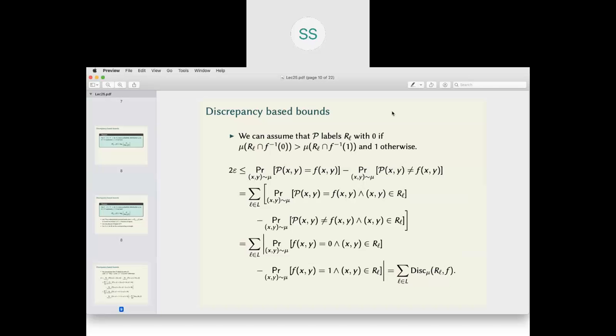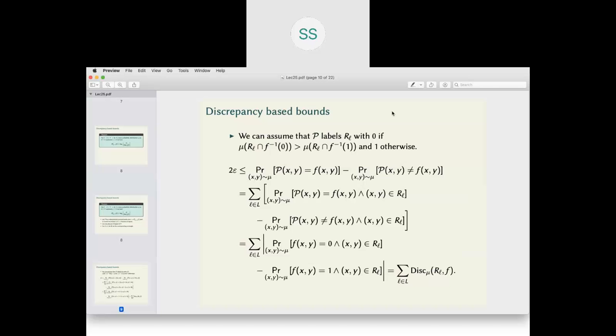Now we can take each leaf of the protocol and see what happens in that leaf, and we can divide the summation, the first line, into a second line by just restricting the first line to that particular leaf. For each leaf, what is the probability that the protocol gave the correct answer minus the probability that the protocol gave the wrong answer, right?